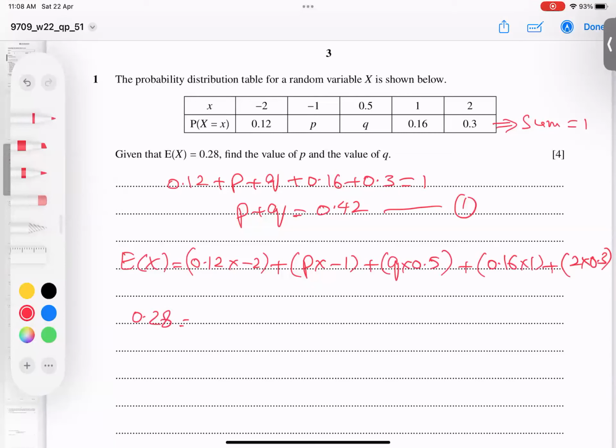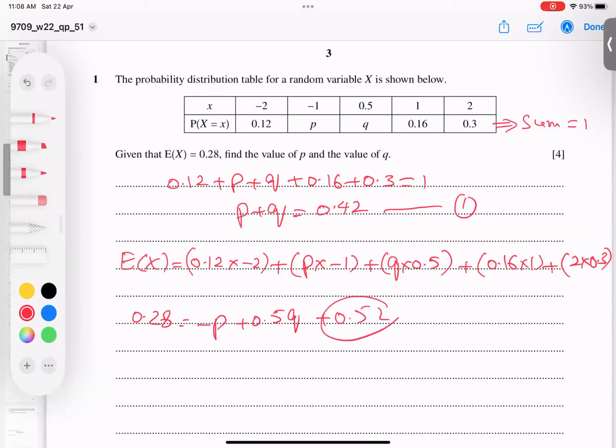Now I'm just adding this value and this value, where this one is coming negative P and this one is 0.5 Q. The remaining values I type in the calculator: 0.12 times minus 2, plus 0.16, plus 0.6. This is coming 0.52.